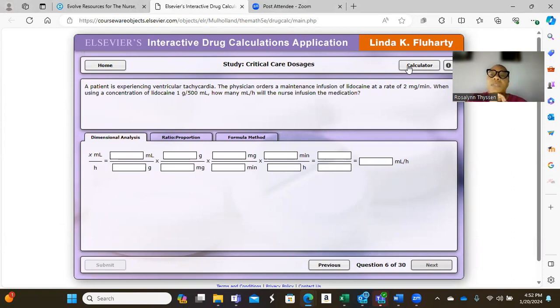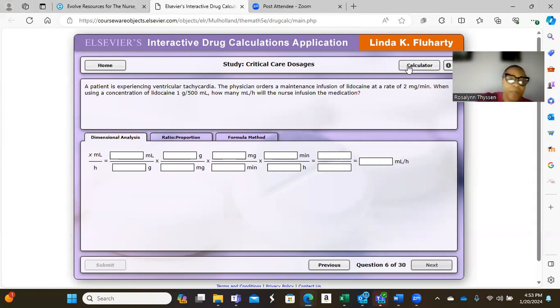We can even do this when we need to use a conversion. Okay, so we have a patient who has VTAC. They're going to be getting lidocaine at 2 milligrams per minute. And the concentration is 1 gram in 500 mils. I want to know how many mils per hour the nurse is infusing the medication. So what am I looking for?